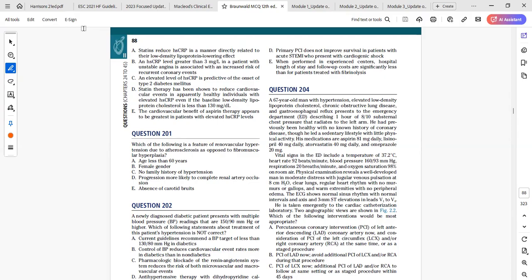We'll allow collaterals for the remaining vessels that you cannot go after. But even now, they can do stenting of two vessels instead of coronary artery bypass grafts, depending on the clinical scenario.